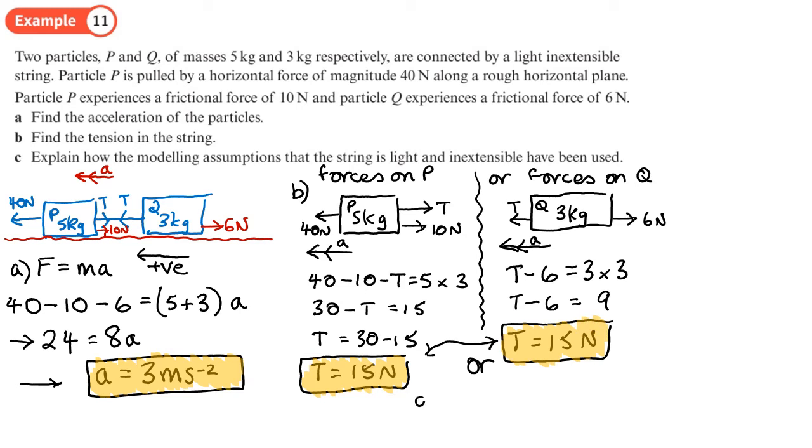Part C. Explain how the modelling assumptions that the string is light and inextensible have been used. Okay, well, light just means that we ignore the string's mass. So I'll just put ignore mass of the string.